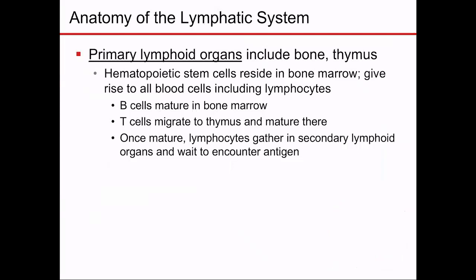And once these cells mature, then these naive B cells and T cells will start to circulate to hopefully find at some point the antigen that they were made for. And in that case, they will be activated, and then they could go through different processes of differentiation and proliferation as part of that immune response.